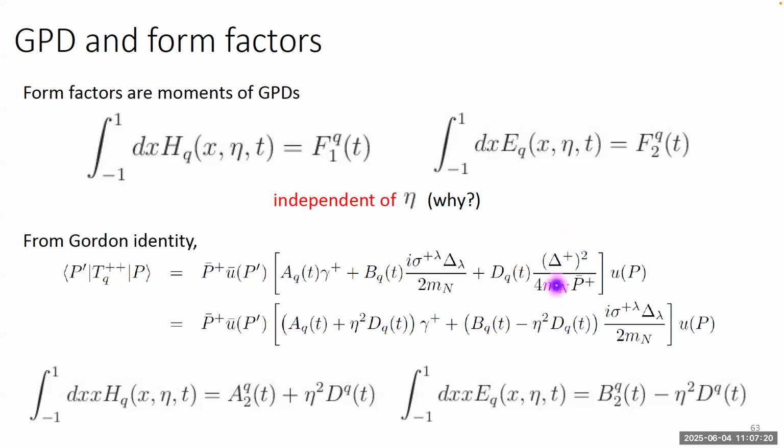Remember the Gordon identity. If you use that, you get this linear combination, A plus skewness squared times D, B minus skewness squared times D. These are the objects which are related to the second moment of the GPDs.